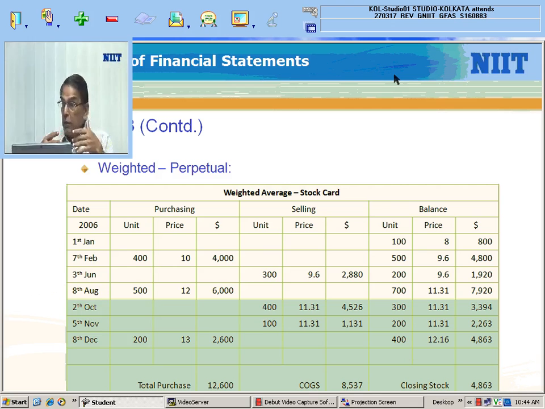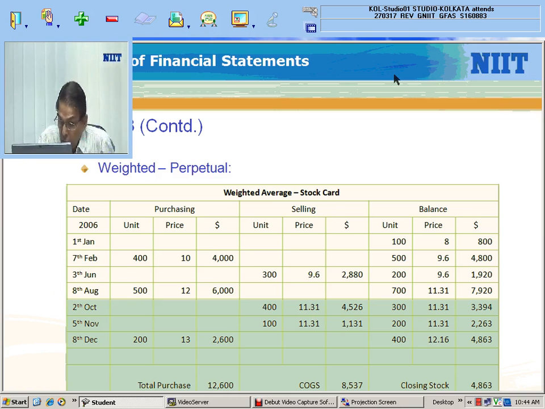Because in the perpetual system, you are maintaining a detailed record, and every time a purchase is made, you are reworking the average cost, so the average cost will vary. If the purchase price remains the same all throughout, then the average cost will not change. But if the purchase price keeps on changing from one purchase to the next, the average cost also will undergo a change. That's why it has gone up from 8 to 12.16.